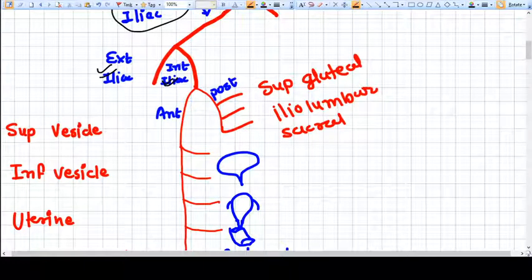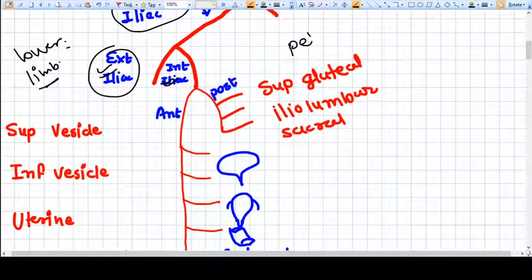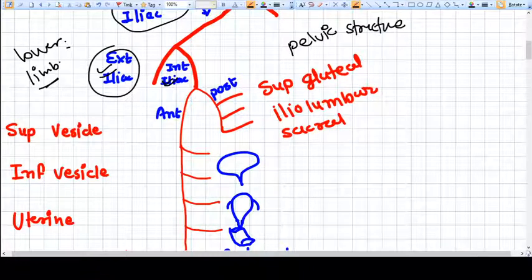Now the clear demarcation of blood supply happens. For example, the external iliac artery supplies the lower limb of that side, while the internal iliac artery supplies the pelvic structures. And among the pelvic structures, one is the reproductive system.